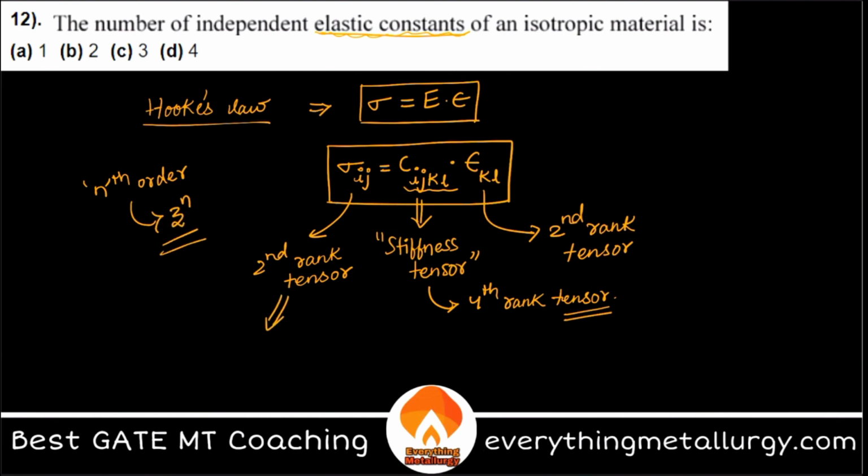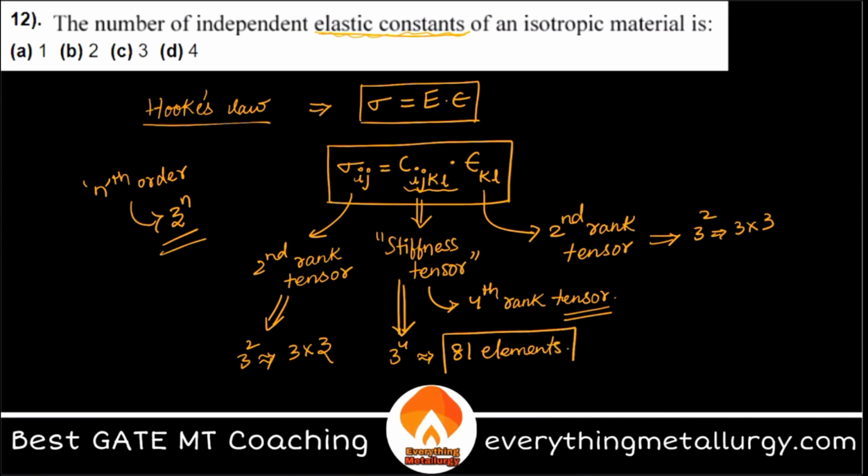So for the stress tensor we have 3 squared, so a 3 by 3 matrix. I hope you already know what a stress tensor is. Again, the strain tensor also has a 3 by 3 matrix, and this stiffness matrix has 3 power 4, which means you have 81 elements in the matrix.